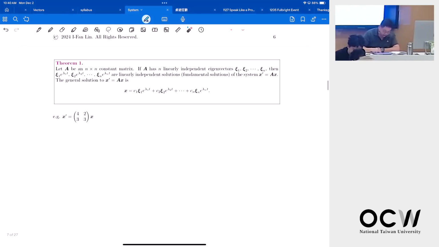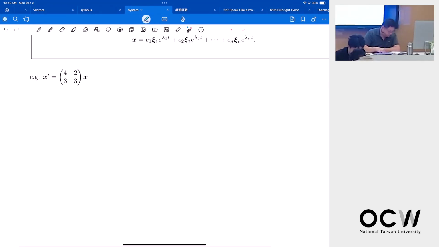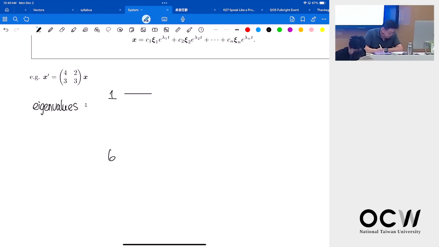For example, for a 2 by 2 matrix, the eigenvalues are either 1 or 6. When the eigenvalue is 1, the eigenvector is 1, minus 3 over 2.